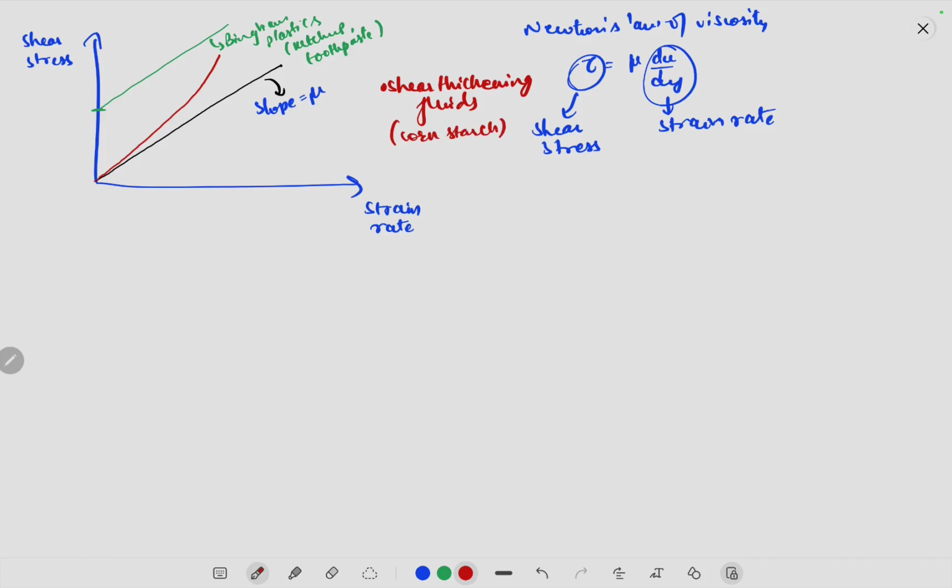So what is happening for these fluids is that when you go on increasing the strain rate, the slope value goes on increasing, and slope is the viscosity. So as you go on increasing the strain rate, the viscosity of that fluid goes on increasing.